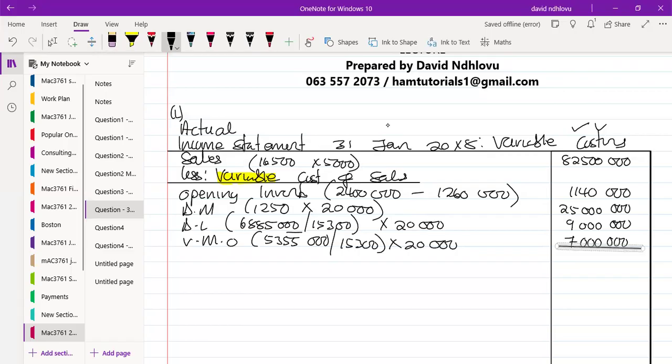Right, add everything from opening inventory. Let's see what we have. Right, you are going to get 140,000. So this is total available for sale. Then you say less your closing inventory.